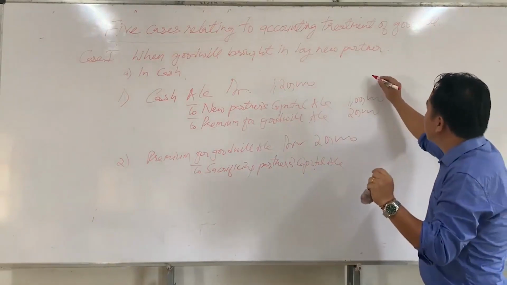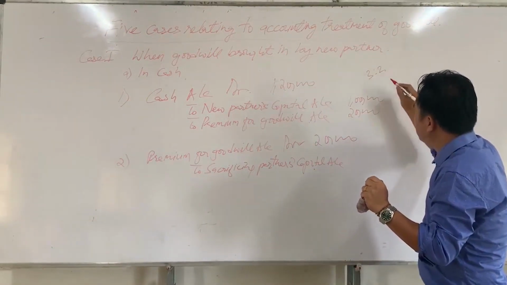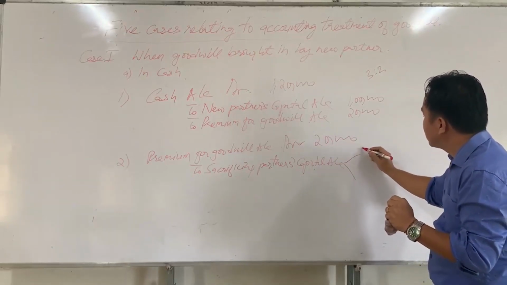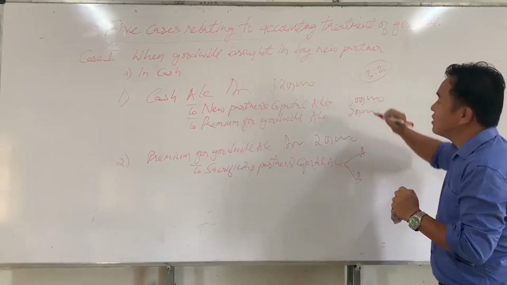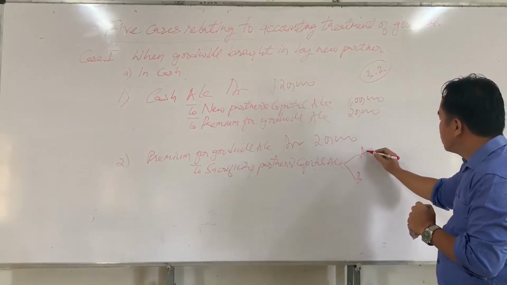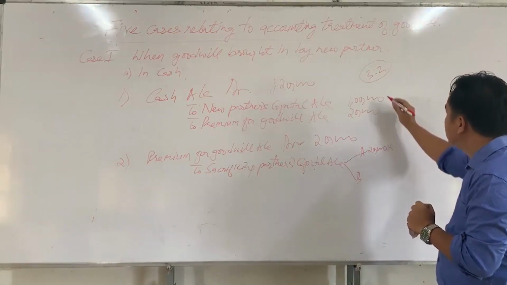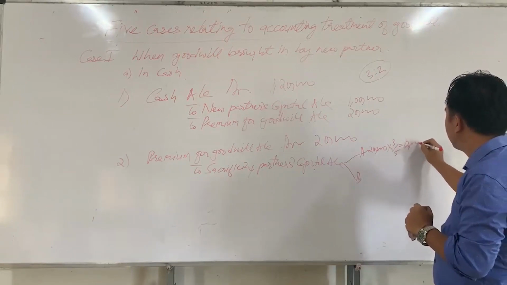Let's assume that sacrificing ratio of old partners is 3:2. Let's suppose A and B are sacrificing partners. So 20,000 should be transferred to A and B in the ratio of 3:2. A gets 3 by 5, which means 12,000.